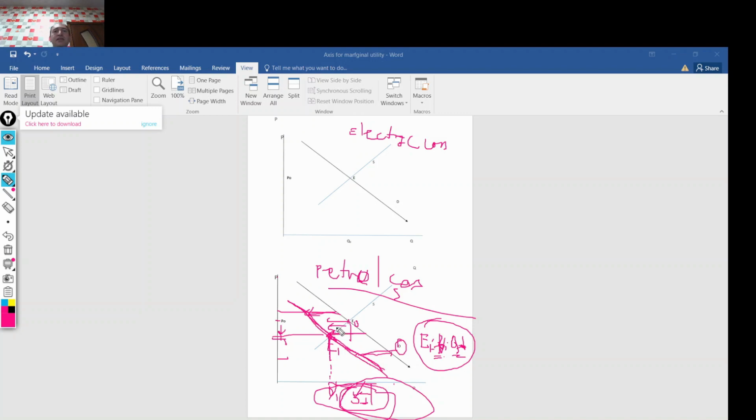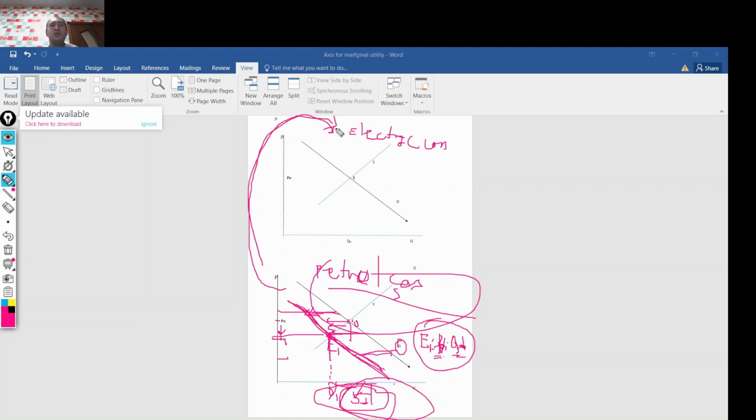Part of the demand that disappeared from the market for petrol cars actually reappeared on the market for electric cars, because when it costs too much to operate petrol cars, you shift your preferences from petrol cars to a substitute good called the electric car.